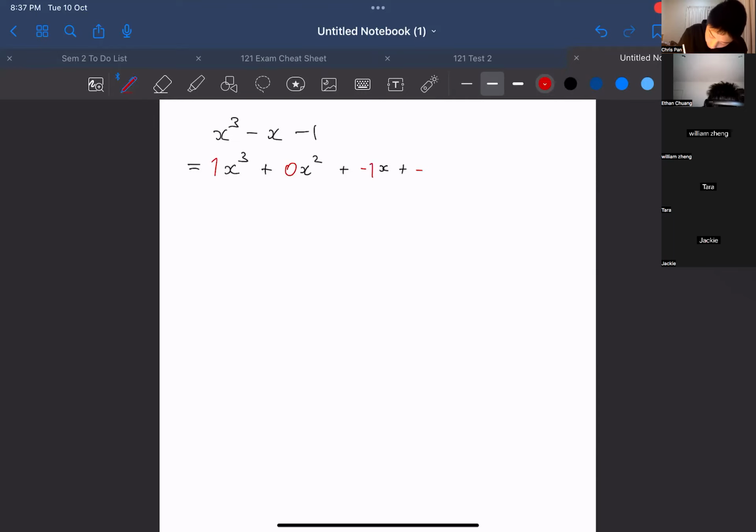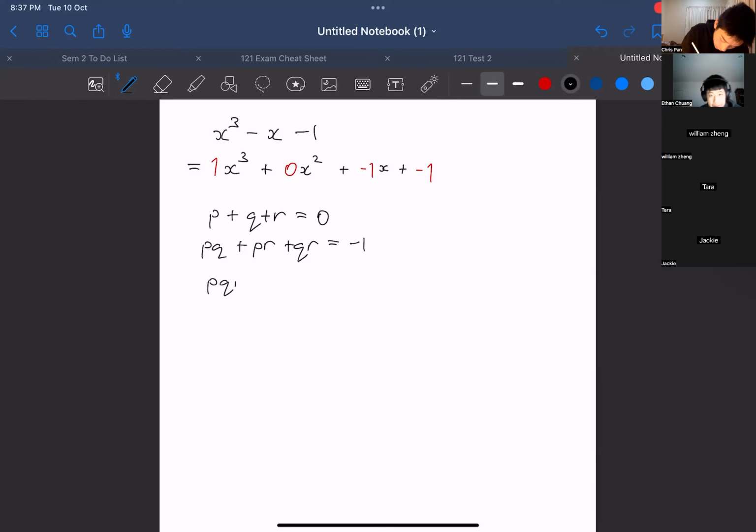So we can use Vieta to set up some equations now. Since p, q, and r are roots, we'll set them up like so. p plus q plus r is negative b over a, which is just 0. pq plus pr plus qr is c over a, which is negative 1 over 1, or negative 1.